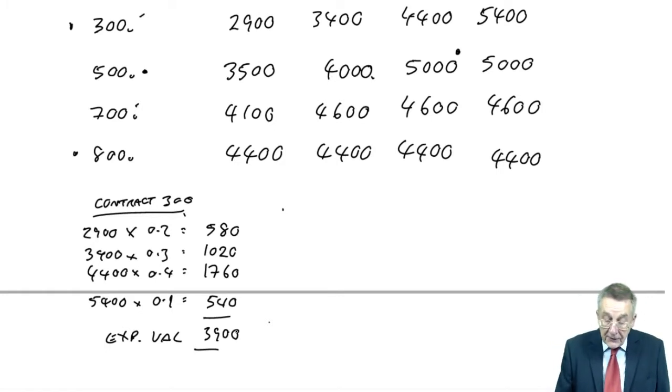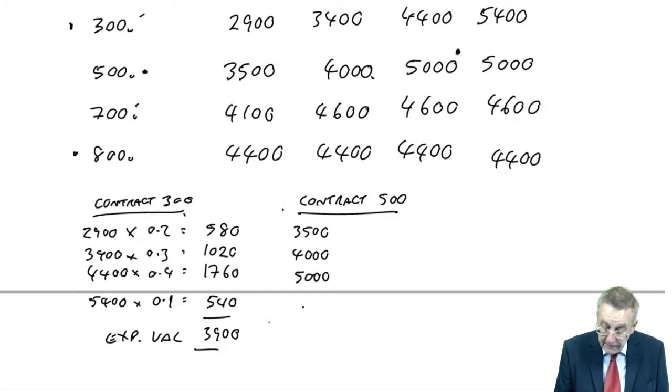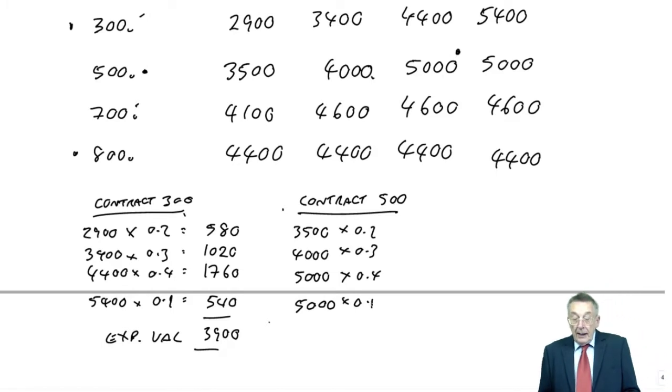What if we contracted for 500? We're either going to get 3,500, 4,000, 5,000, or 5,000. Again, the probabilities 0.2, 0.3, 0.4, 0.1.